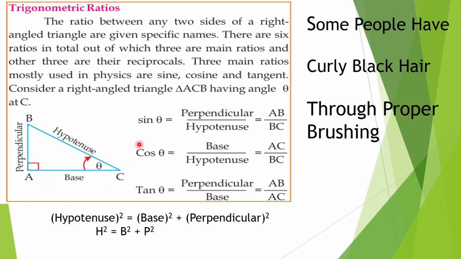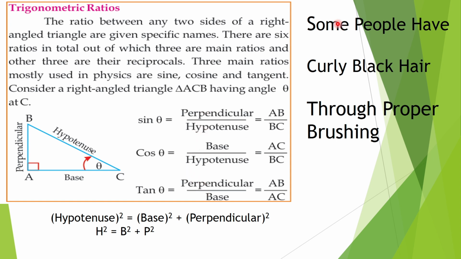Now most students get confused remembering these values, that is, whether sine theta is equal to perpendicular upon hypotenuse or base upon hypotenuse or what. So I have written one important sentence over here. If you remember this sentence, you will remember all these 3 ratios. But how?